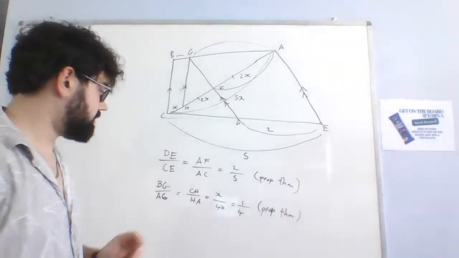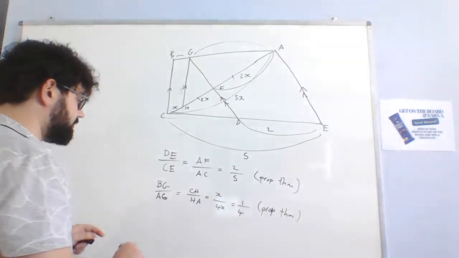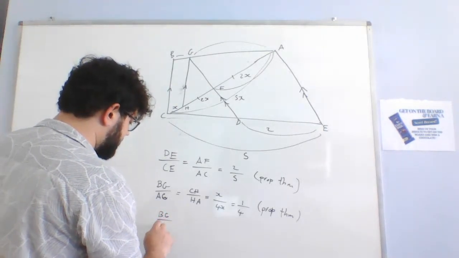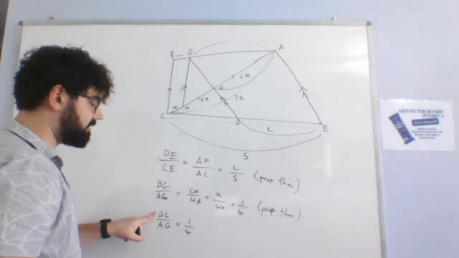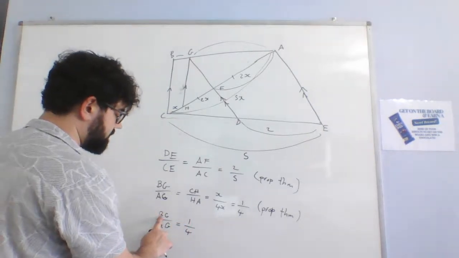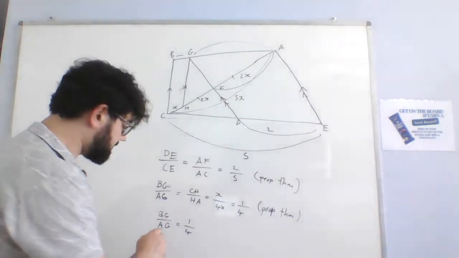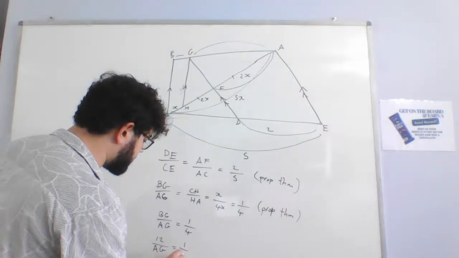Now we've got the ratio of BG to AG. And we know the length of BG. So we can say that, let's just write down BG over AG equals 1/4. And then we'll fill in BG as 12 units, which was given in the question. 12 over AG is equal to 1/4.